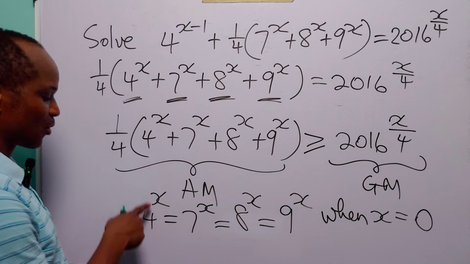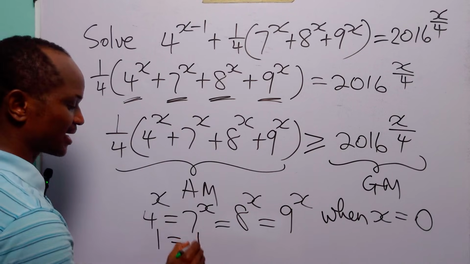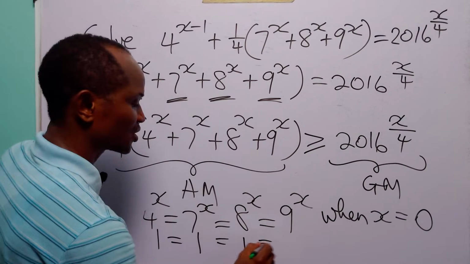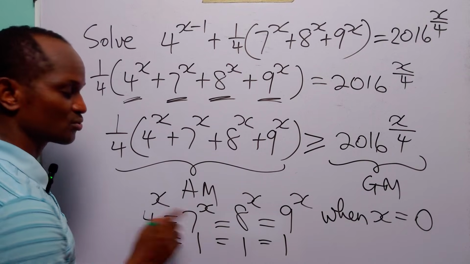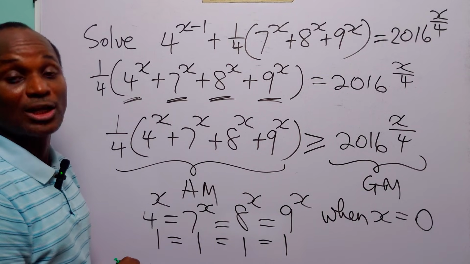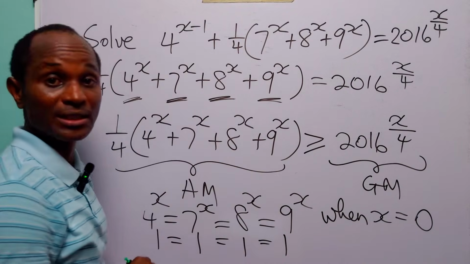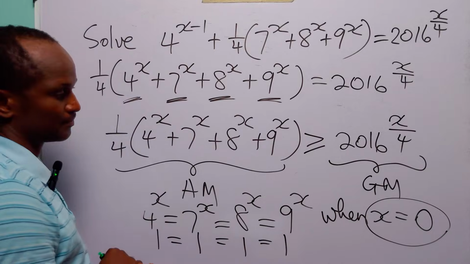Because when x is equal to 0, 4 to the power x is 1, 7 to the power x is 1, 8 to the power x is 1, and of course 9 to the power x is 1. Anything raised to the power 0 is equal to 1. So that means that the only value of x that satisfies this exponential equation is x equal to 0.